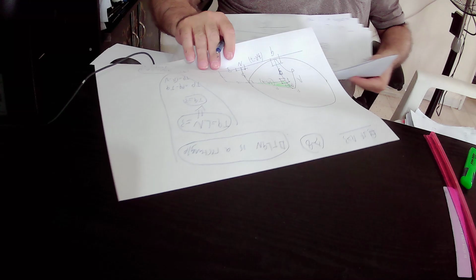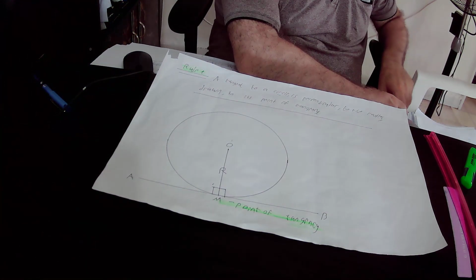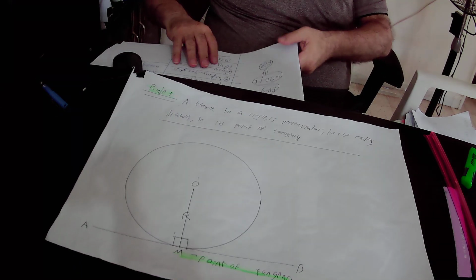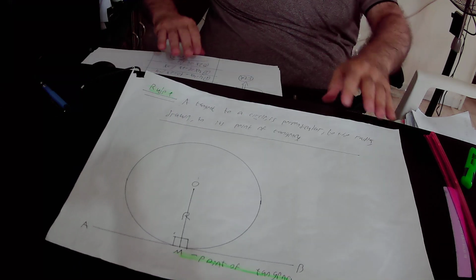Okay. Actually, during the question we used 3 rules. So I repeat the 3 rules that we used in order to answer the question. We have rule number 1, that a tangent to a circle is perpendicular to the radius drawn to its point of tangency.